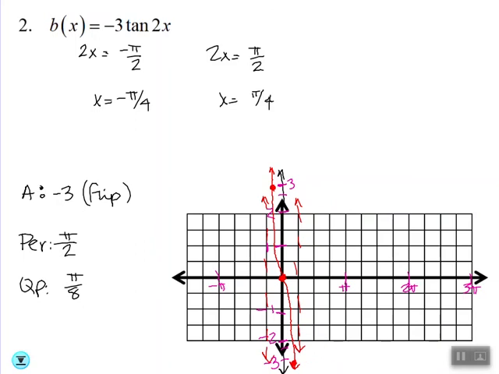And that's our graph. The domain for this function is going to be x such that x does not equal one of the asymptotes plus the period times k, where k is an integer.